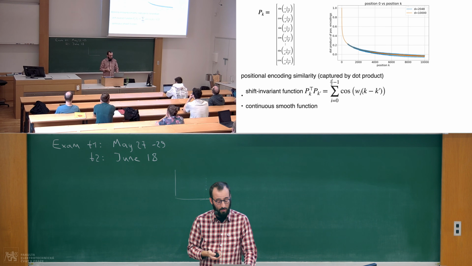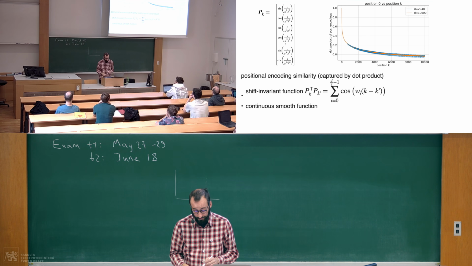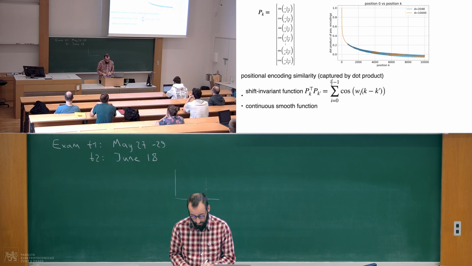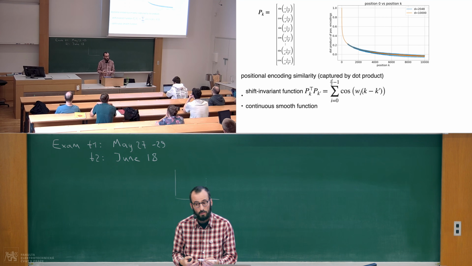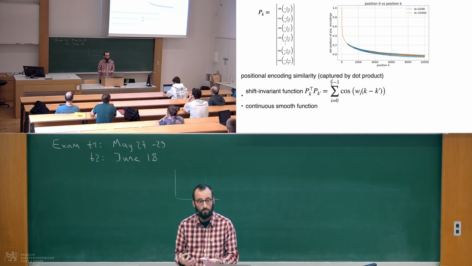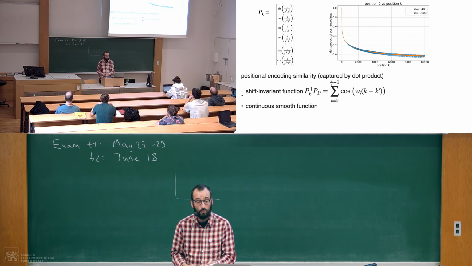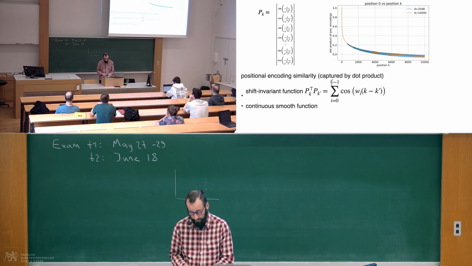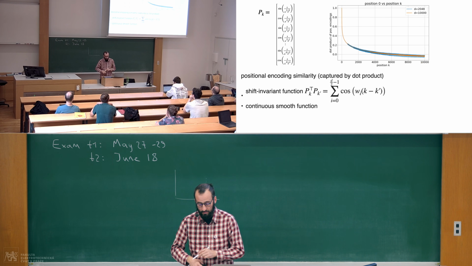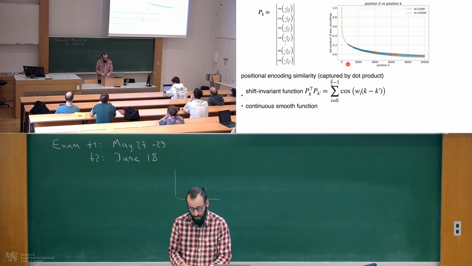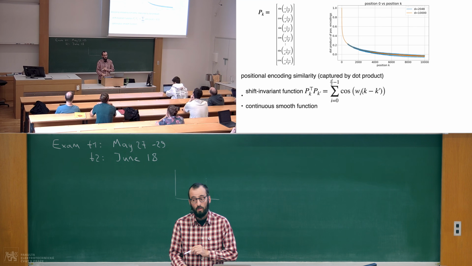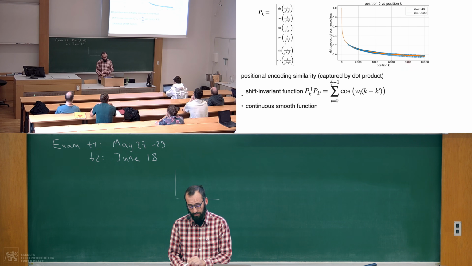And maybe an extra way to understand these positional embeddings is that if we try to see the similarity between those two, based on the dot product between such embeddings, this is a function that decreases while the difference in the position increases.